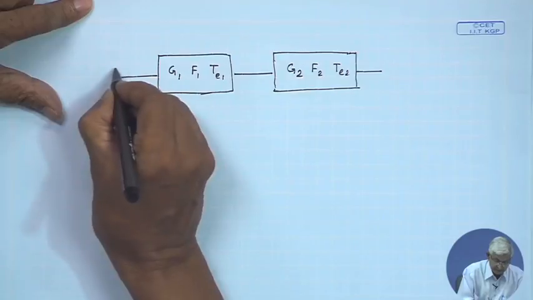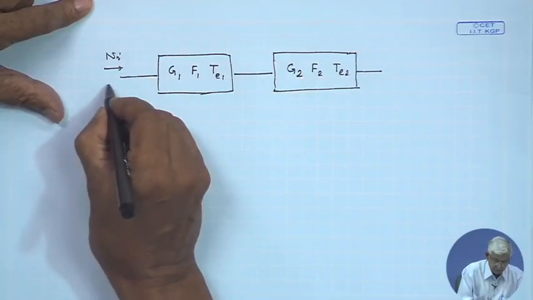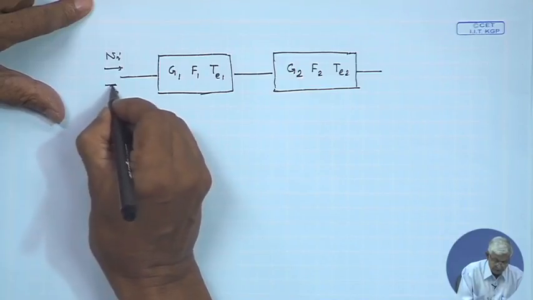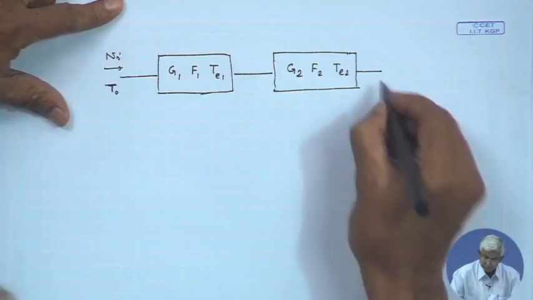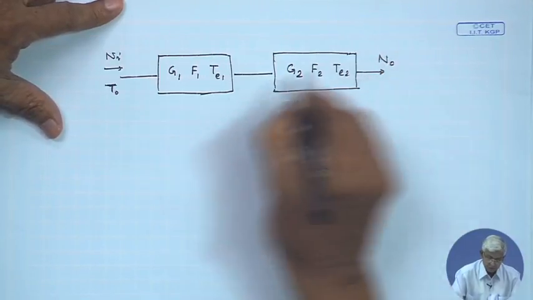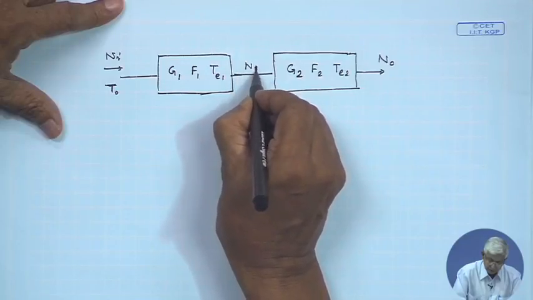These two are cascaded, where a noise power comes in at the input with the normal temperature T0, and goes out as a noise power N0. For the first stage, the output noise power, let us call N1.